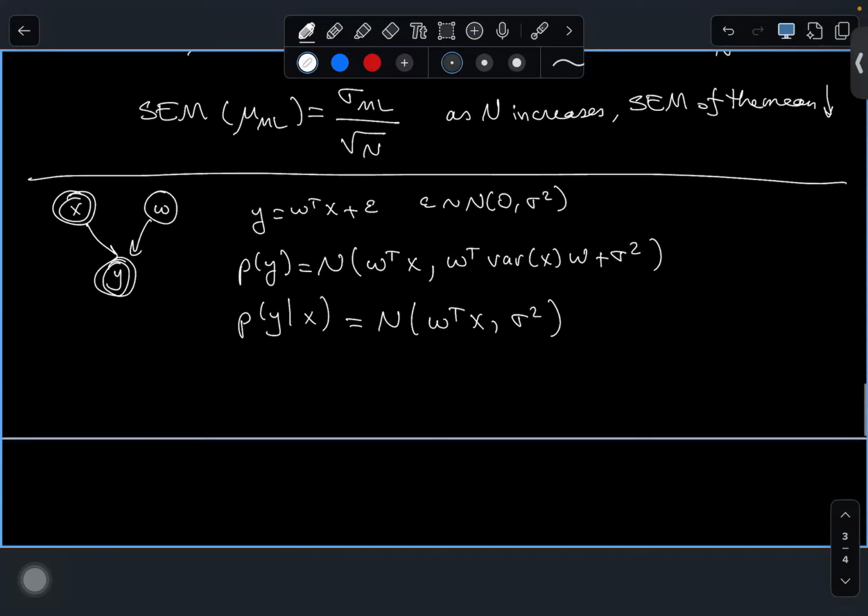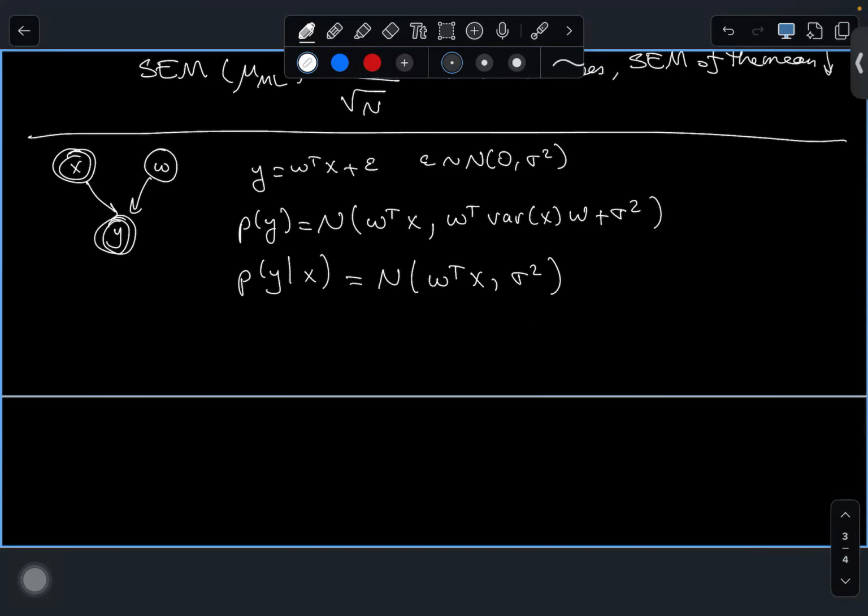All right. So likelihood. What are we going to try to do? In maximum likelihood, we maximize the likelihood of the observation. So this is a likelihood. Not P of y, but P of y given x. So we're going to maximize the joint probability of the data. What's our data?